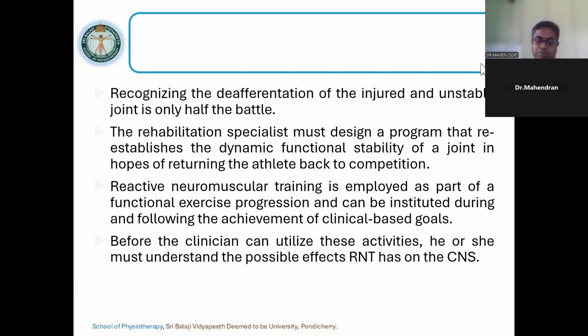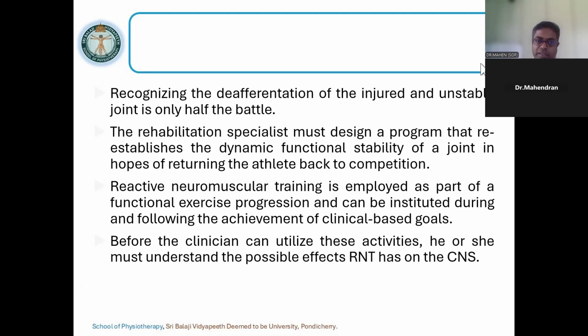The best place to incorporate the RNT is the terminal phase of the rehabilitation, which is the end part of the rehabilitation. Normally, if you are planning a rehabilitation duration of 3 months, then at the last month, the third month, we can plan to incorporate the RNT. Why? Because when you are training the patients using the concept of RNT, sometimes it will lead to fatigue.